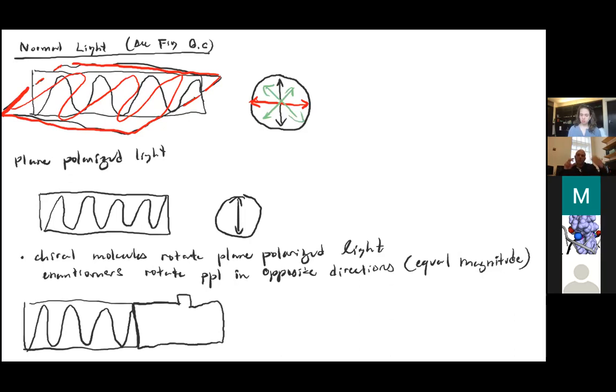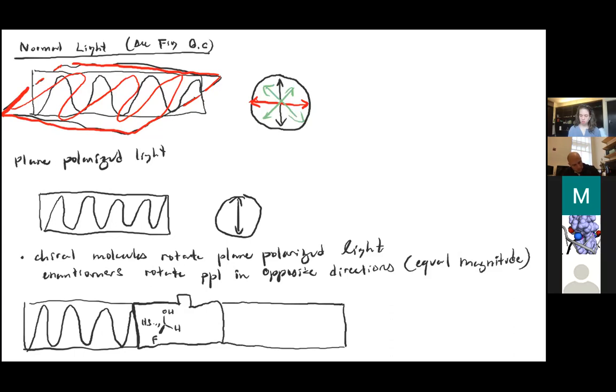You put your sample in a cuvette in solution. It's the same idea here. We make a solution of our chiral molecule and put that in a cell. And so like I can draw our old friend here. And we shine the light through that cell.